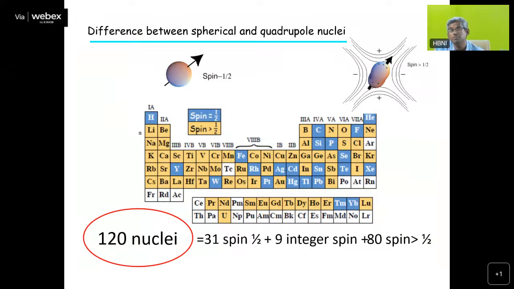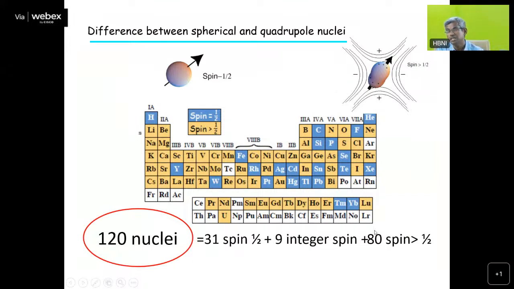This is a very important aspect because if you see the periodic table, around 65 to 70% of nuclei are quadrupolar. Spin half is only 31. Among all the elements, the spin half nuclei are only 31. Some quadrupolar nuclei have only integer spin, like deuterium, which has a spin of I equal to 1.